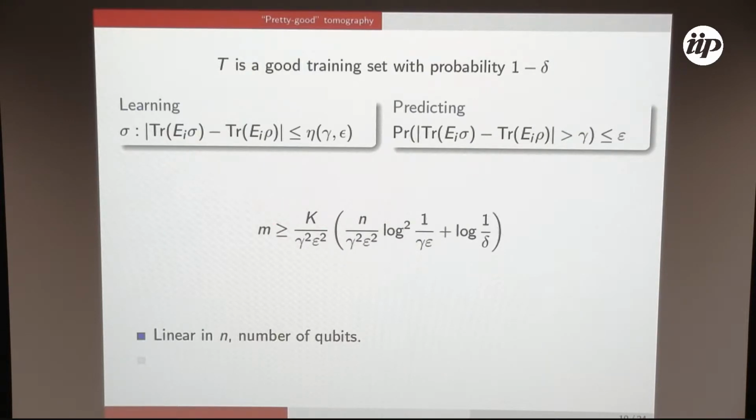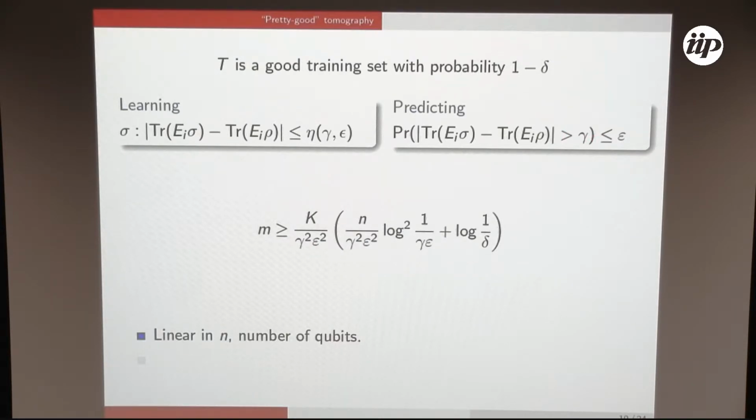So that would have no practical applications right now. And another thing I worry about is the dependence on gamma and epsilon, which we need to be quite low, since they are my accuracy and my probability of failure.